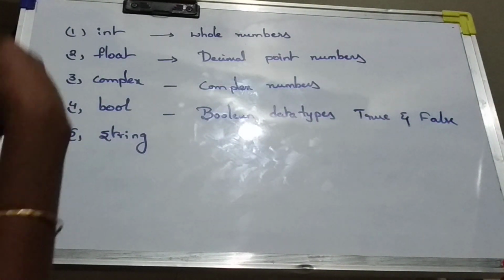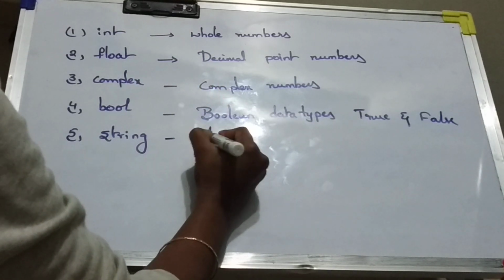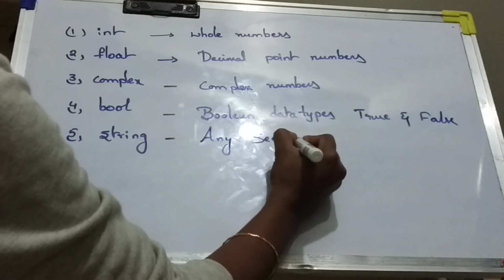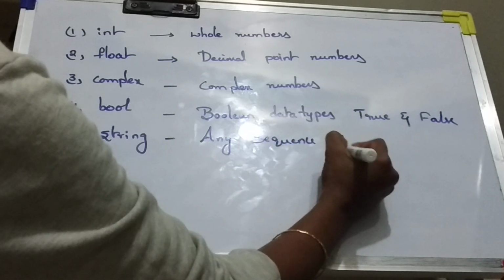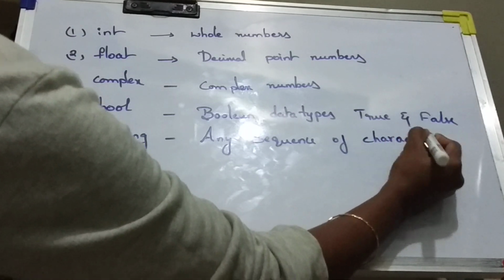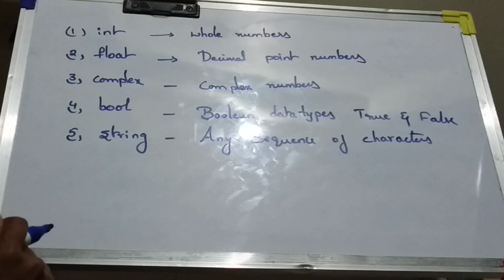String is any sequence of characters within single quotes or double quotes or triple quotes, and it is treated as a string in Python.